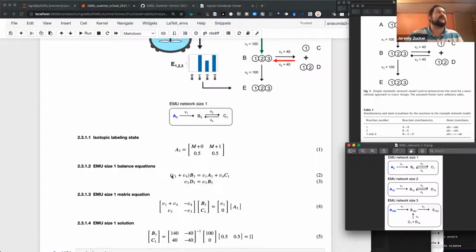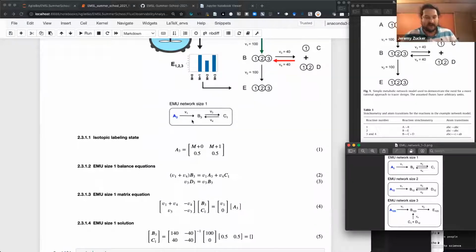So all the fluxes going into B3 have got to equal the fluxes that are producing B3. Does that make sense?